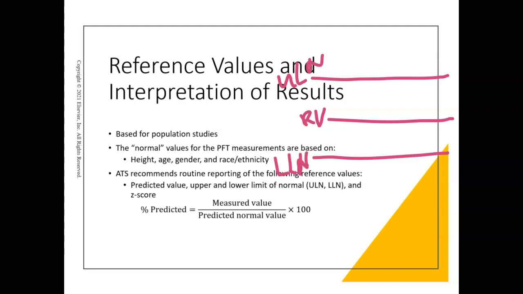Then my Z-score is the standard deviation of that predicted value. So 1 standard deviation is here, and 1 standard deviation is here. So +1, -1, and I could get data points all around here. If all of these data points are within 1 standard deviation of the predicted value, that would indicate a normal test.